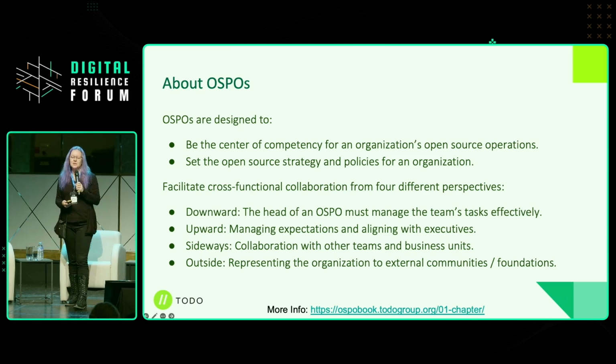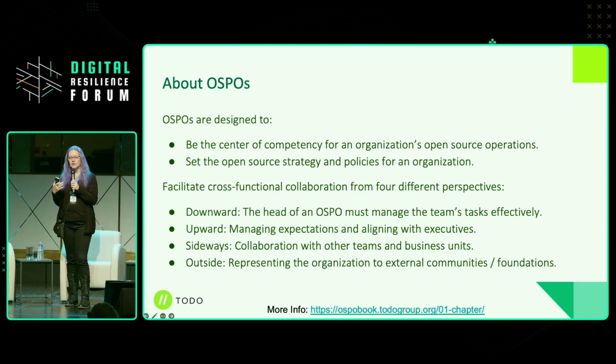OSPOs are really designed to be a center of gravity, a competency unit for an entire organization's open source operations. They usually also set the open source strategy along with the policies for that particular organization. And that means a lot of different things. It also means facilitating cross-functional collaboration across a whole bunch of different perspectives. One is downward.